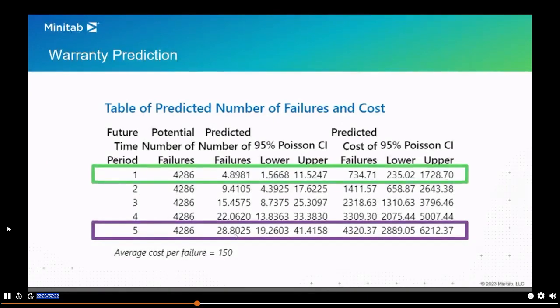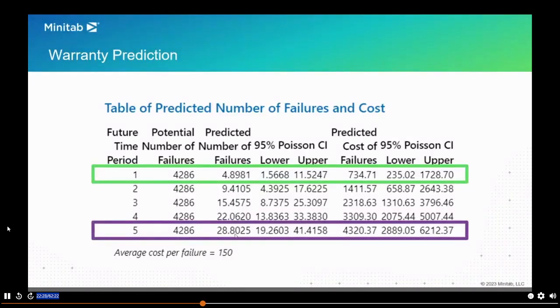They were just important failures to address. At $150 per failure, the predicted cost of those roughly 5 failures would be about $735. And this is what we expect to see in the next year.